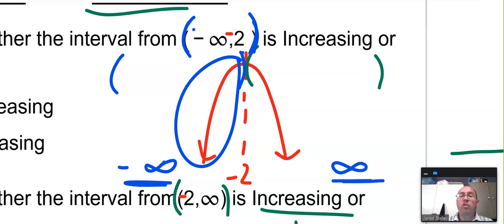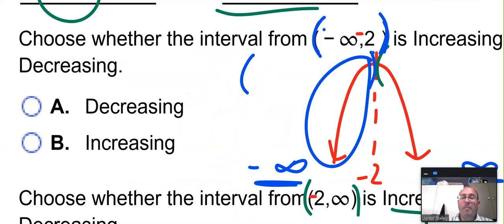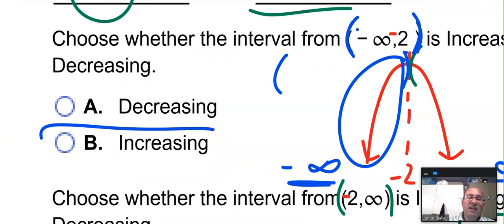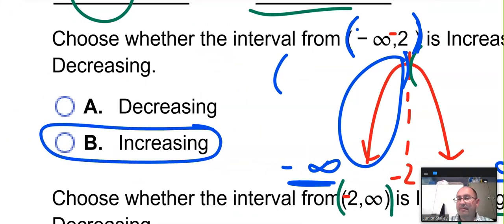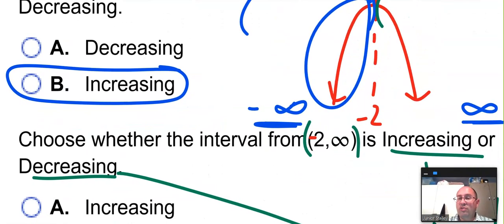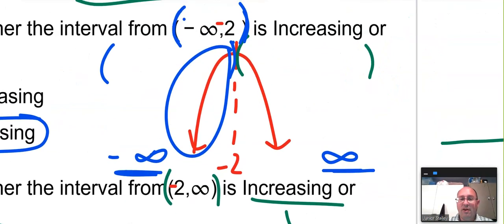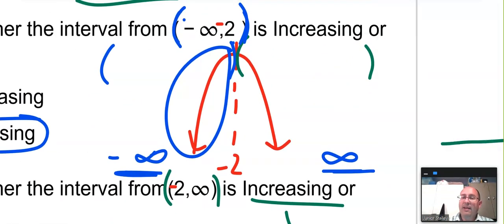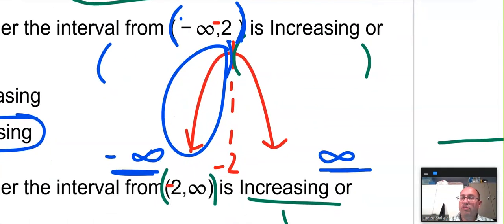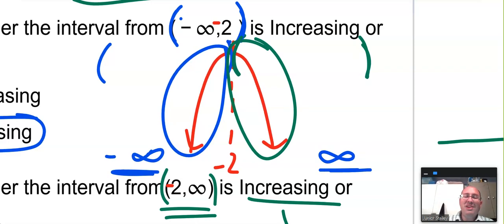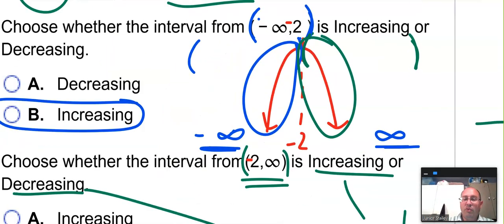Well, if you're on a roller coaster, you'd be going up, up, up. So that makes this an increasing section. Then you get to the top of the hill, and you start to go down. So the green part that I've highlighted is the next section, and obviously that part is decreasing. You'd be going down on the roller coaster.